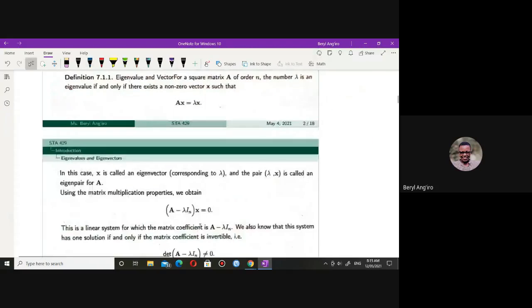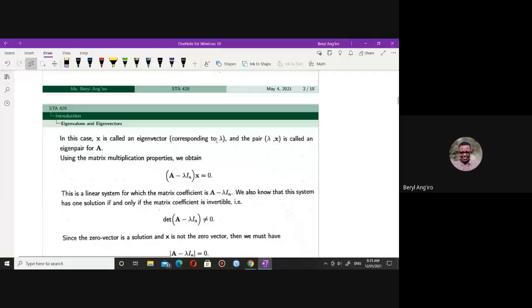In this case, X is called an eigenvector corresponding to lambda, and the pair lambda and X is called an eigenpair of the square matrix A. So when we use matrix multiplication properties, we obtain that the square matrix A minus lambda times I, all multiplied by the eigenvector X, equals 0.